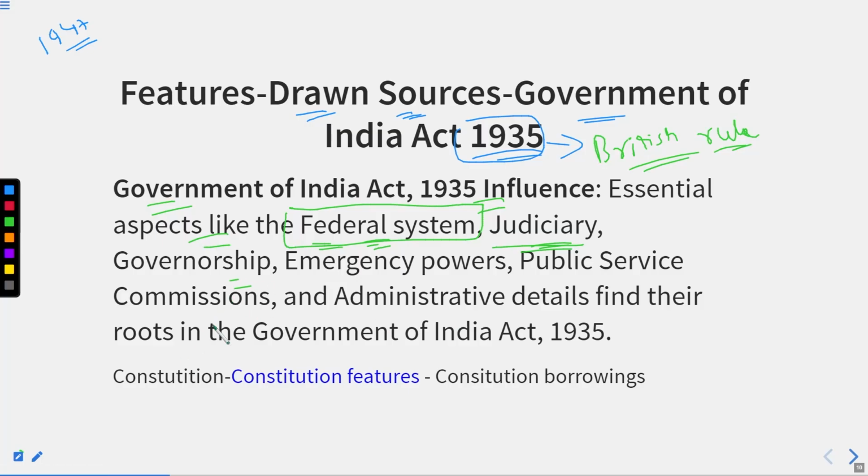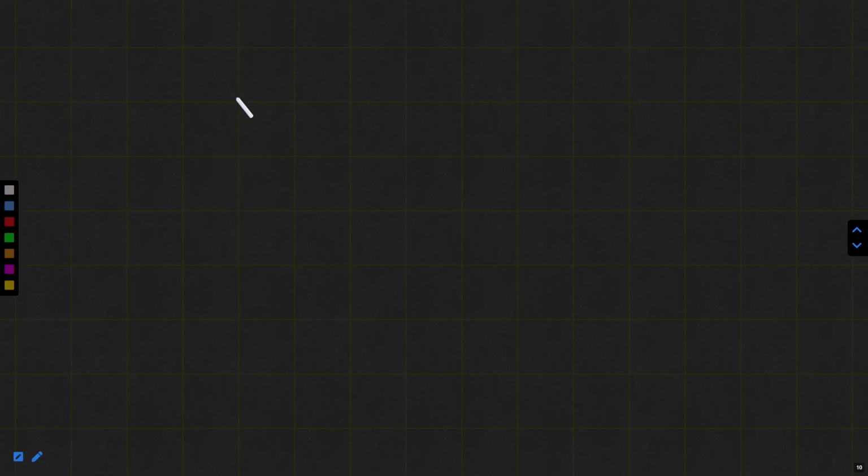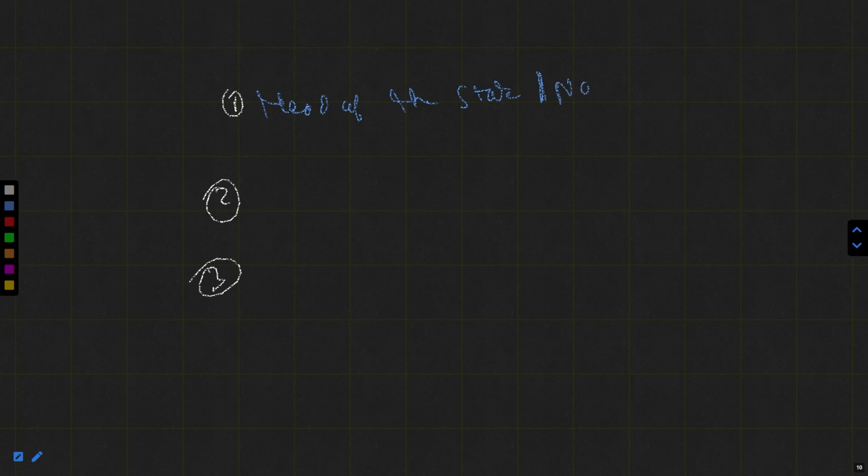Thereafter, governorship. We know that there are three things. First is the head of the state or nation. Thereafter, we have the head of the government.